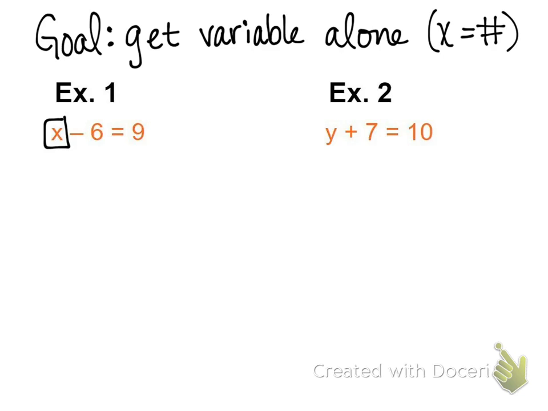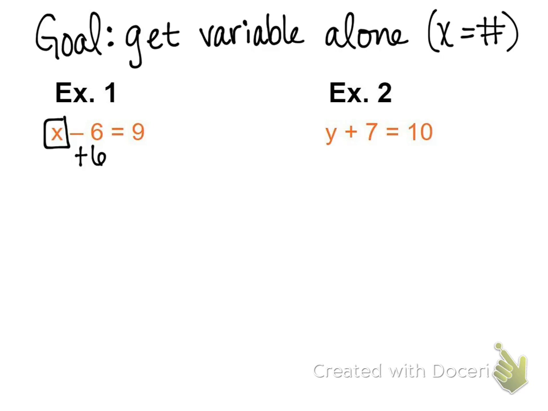After that, we are going to do inverse operations to get our variable alone. Right now it says that we are subtracting 6, so our inverse would be to add 6. But if we do it to one side, we have to do it to the other side of the equal sign.